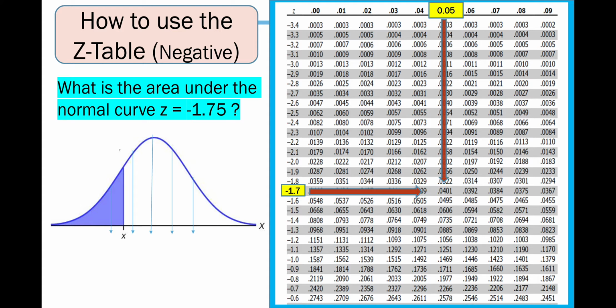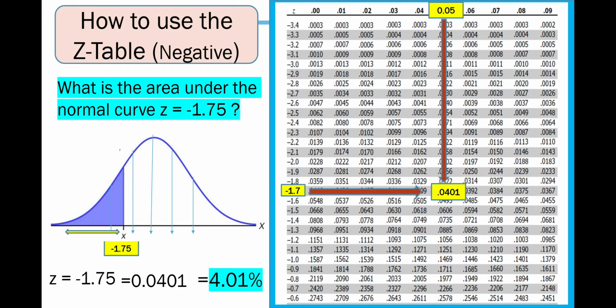Then get the intersection of negative 1.7 and 0.05, and that is 0.0401. So therefore, the area of negative 1.75 is equal to 0.0401, or 4.01%.